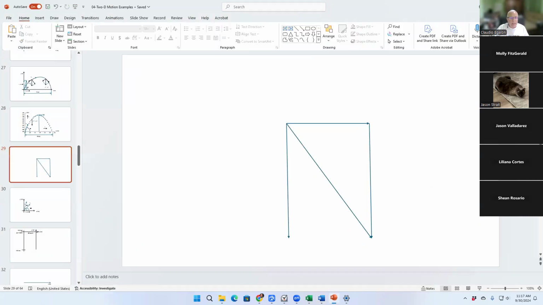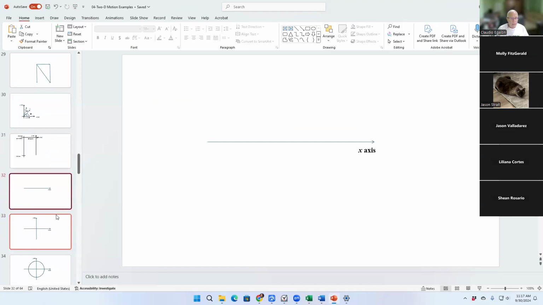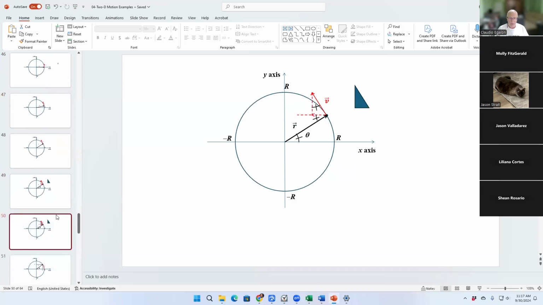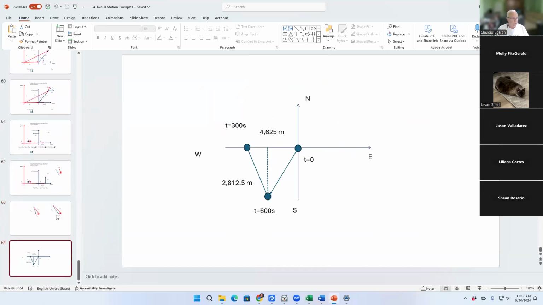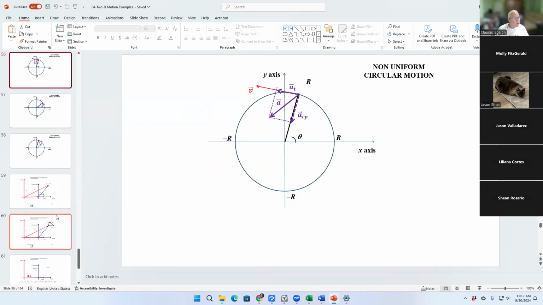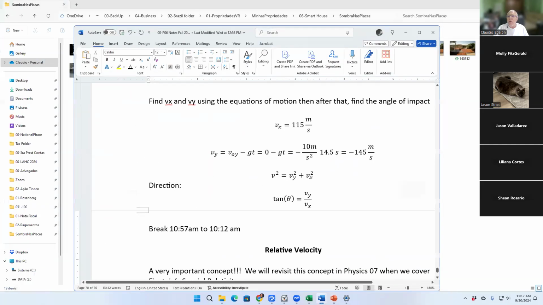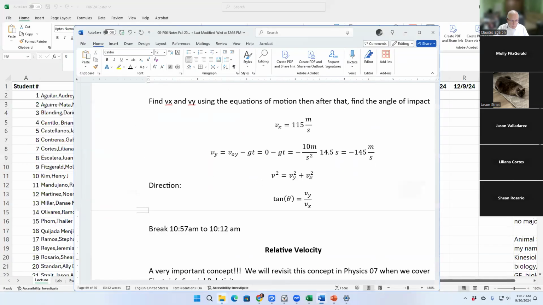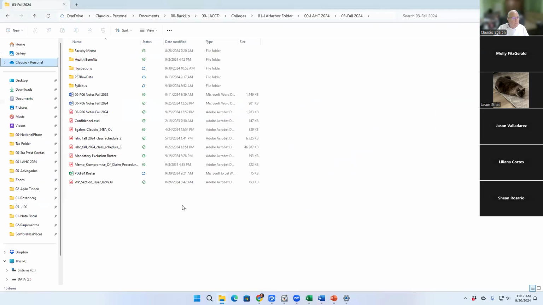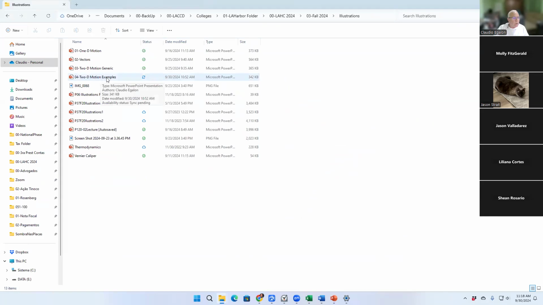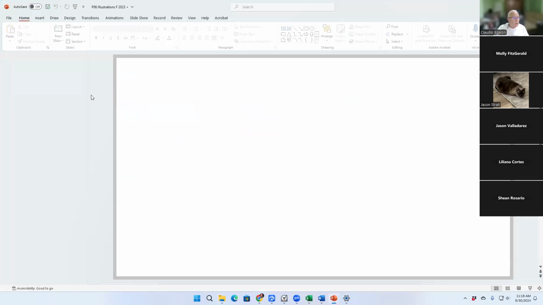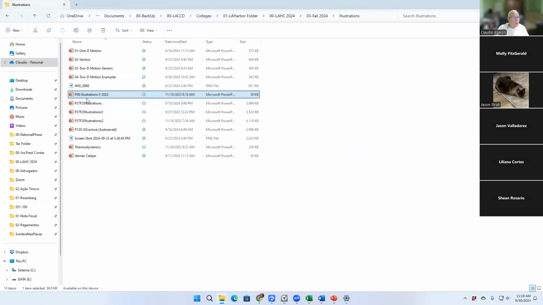The simplest, and let me see if I have an illustration here for relative motion. We don't have it here. Let's see.